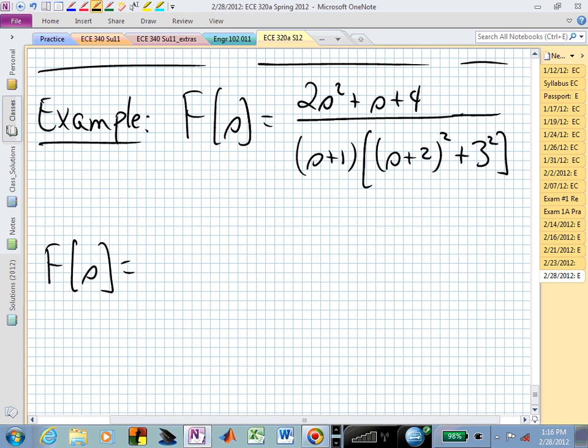If I consider whether my poles are distinct, and where they are, I have a pole at -1. And the other is actually a complex conjugate pair, isn't it? It's only one quadratic, and those roots are at -2 plus and minus j3. Those are distinct, and so I do have case number 1.